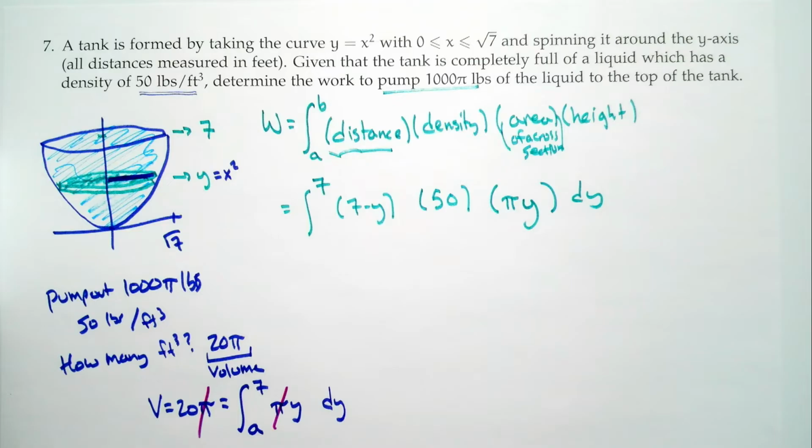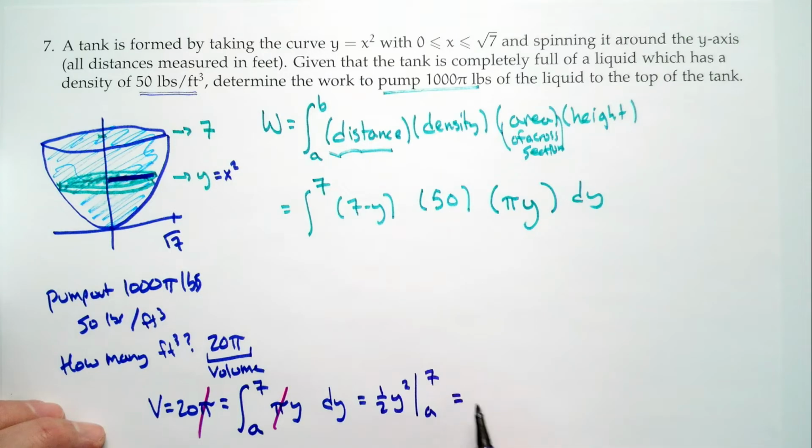Okay, so let's integrate this. If I integrate y, that's a half y squared. Evaluate that from a to 7, which is 1/2 times 49 minus a squared. And remember, what do we want that to equal?